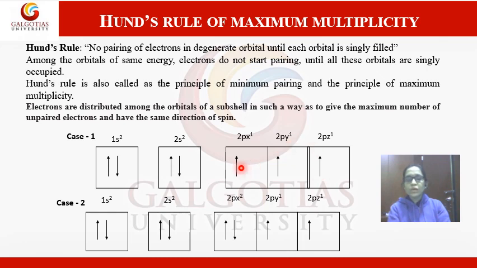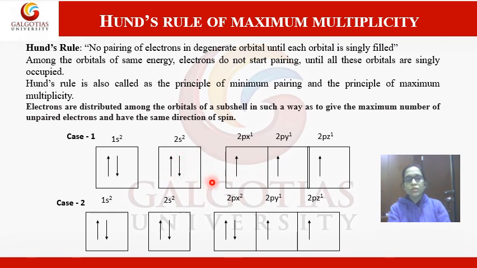So px has 1 electron, py has 1 electron, and pz has 1 electron. This is the stable configuration. We cannot pair them without leaving py and pz vacant. So this is the stable configuration for nitrogen.